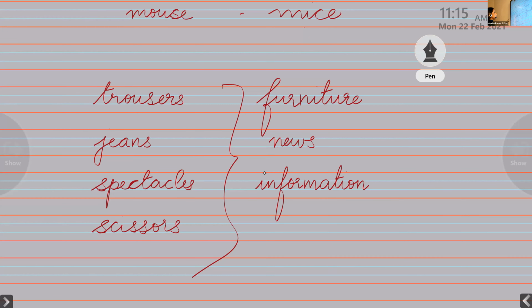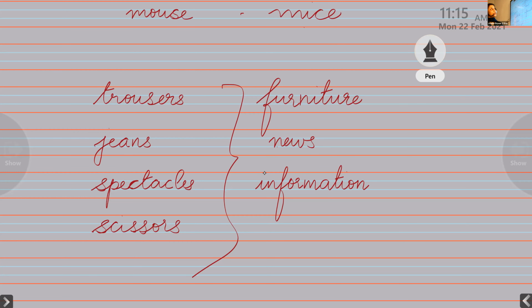So these are the words which only have the plural form. These are the words which only have the singular form. So please do learn it. The options will be given to you and you will be asked to identify the word which has only the singular form. So you have to know these words, okay? Similarly, the words where the singular and the plural form are the same.